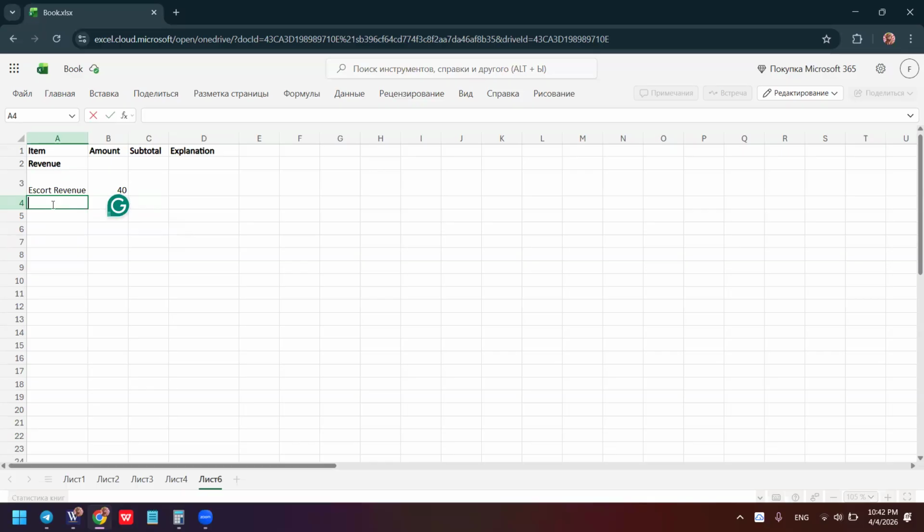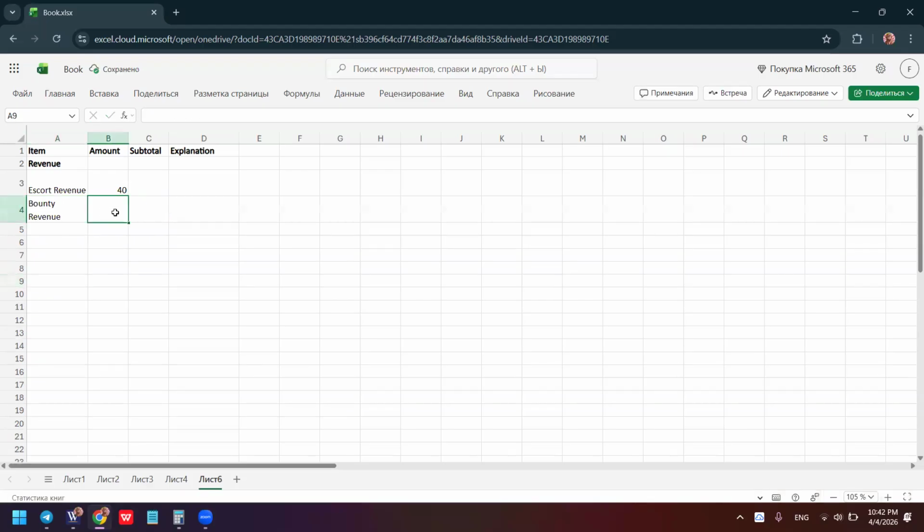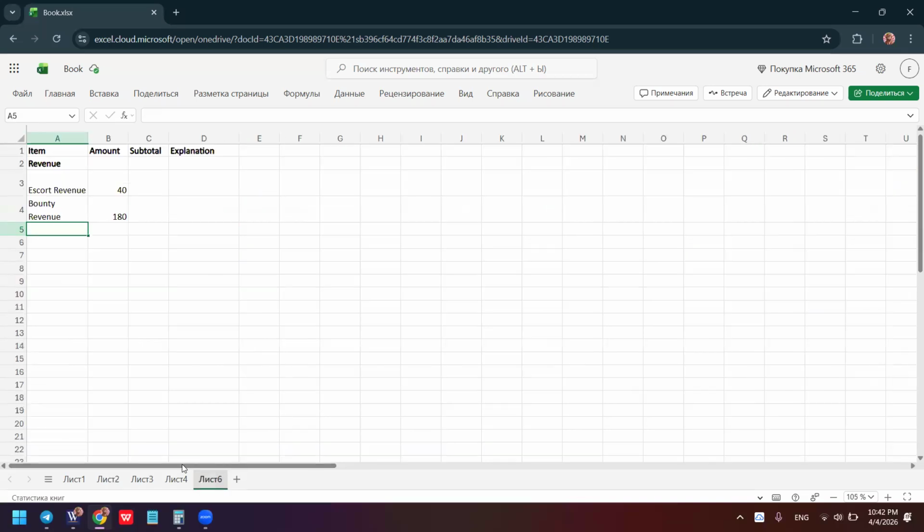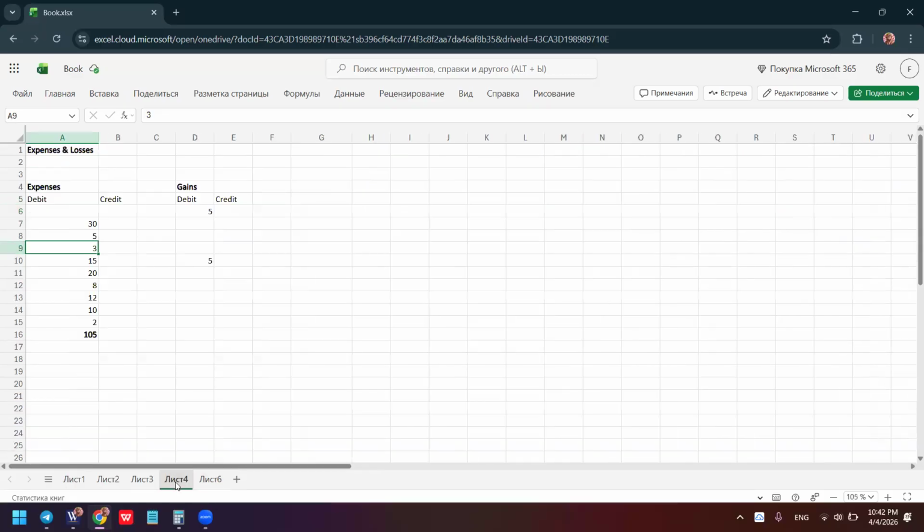And now we write here, bounty revenue. So it was 30 and 150, so it's 180. And as I said, it's here. So then let's continue. And the next thing is what was it?